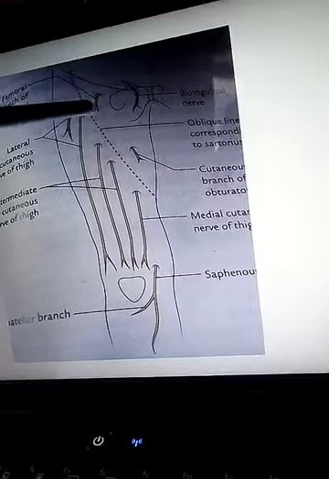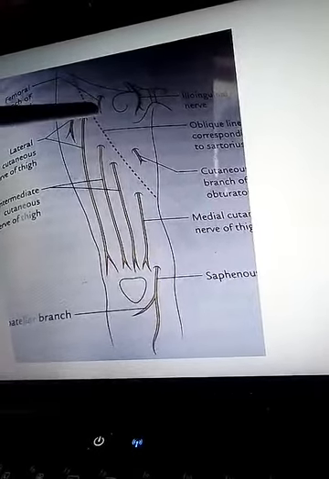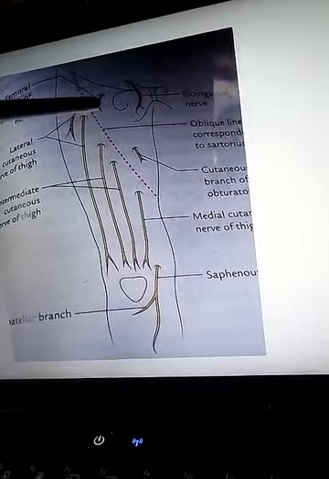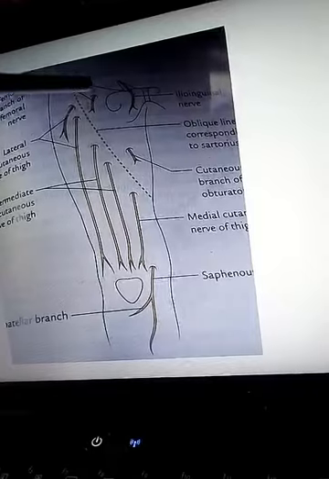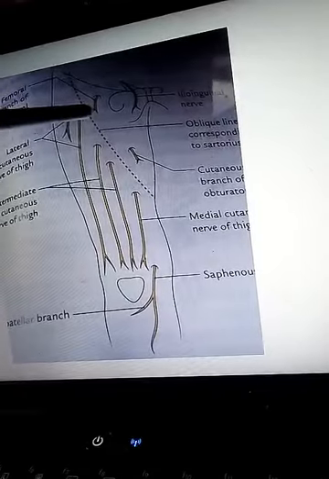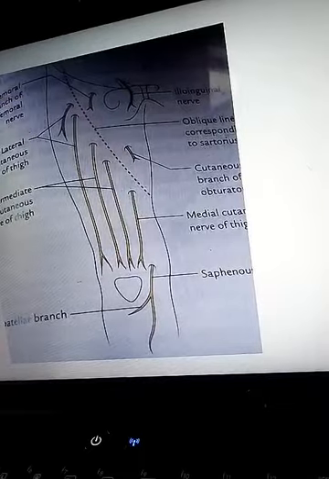The femoral branch of genitofemoral nerve pierces the femoral sheath and overlying deep fascia 2 centimeters below the mid-inguinal point and supplies the skin over the femoral triangle.